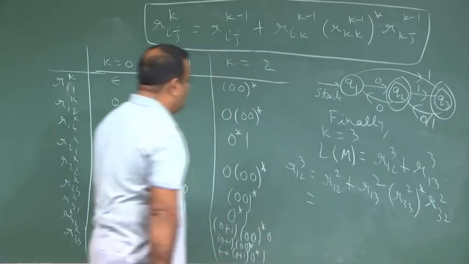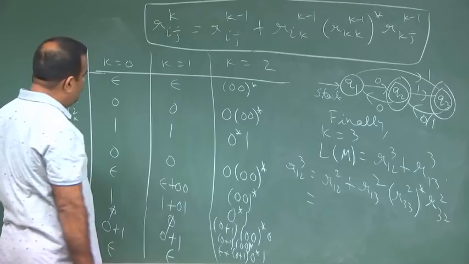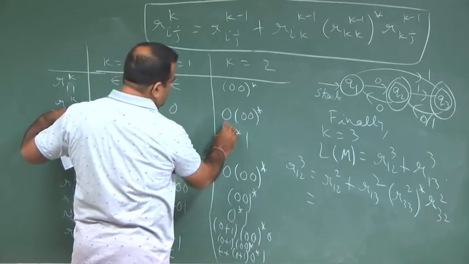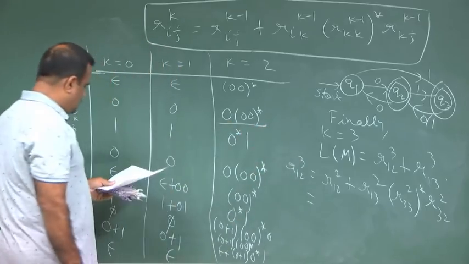Now, if we put the values over here, R 1 2 3 is this one, R 1 2 2 is this one.